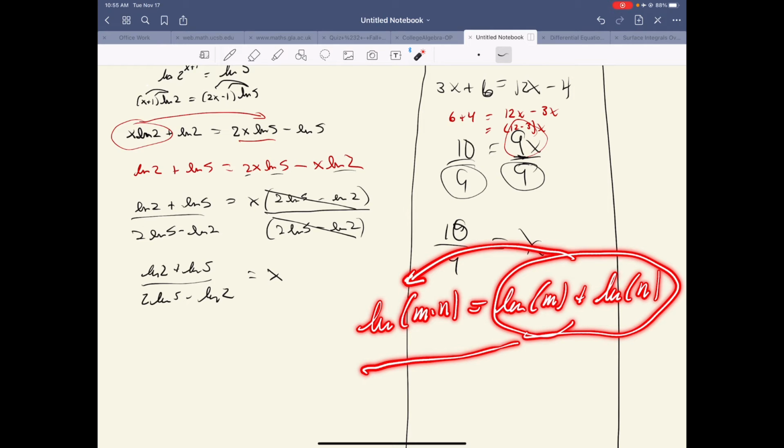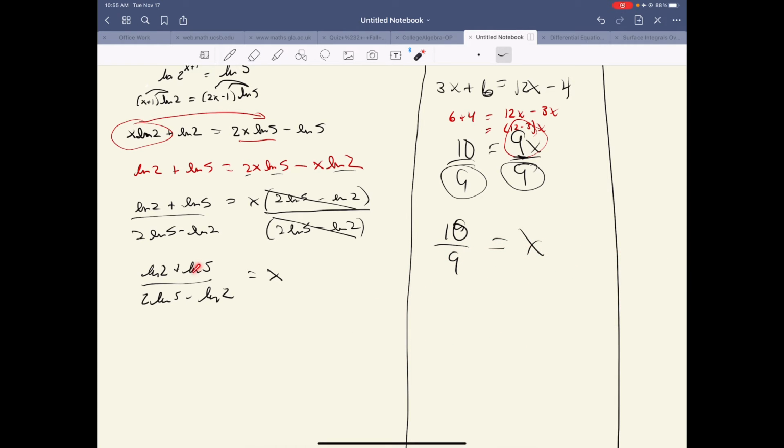Now, we're going to use it this way going backwards. And so we have two things added together, and I want to make them into just a product inside. So here I have them added together. So I could make that ln of 2 times 5 or ln of 10. So if I put that in, that's an ln 10 on top.